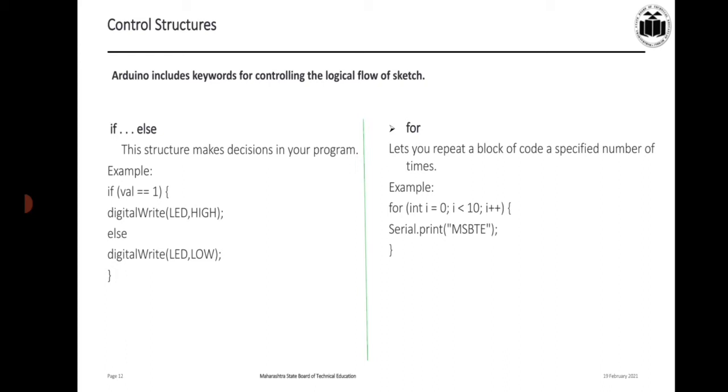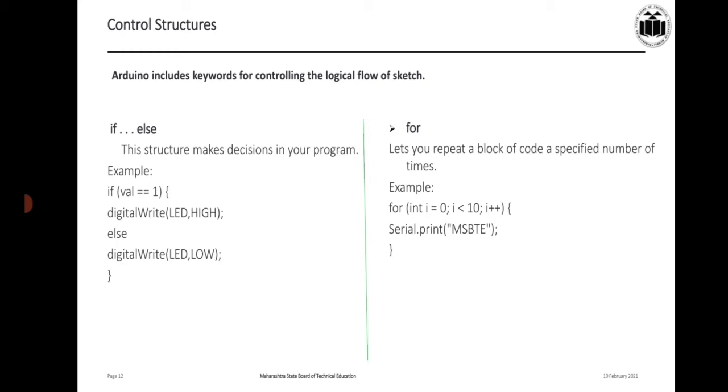This structure makes decisions in your program. For example, if value is equal to 1, then make LED high, else LED low. In this way, you can take a decision.